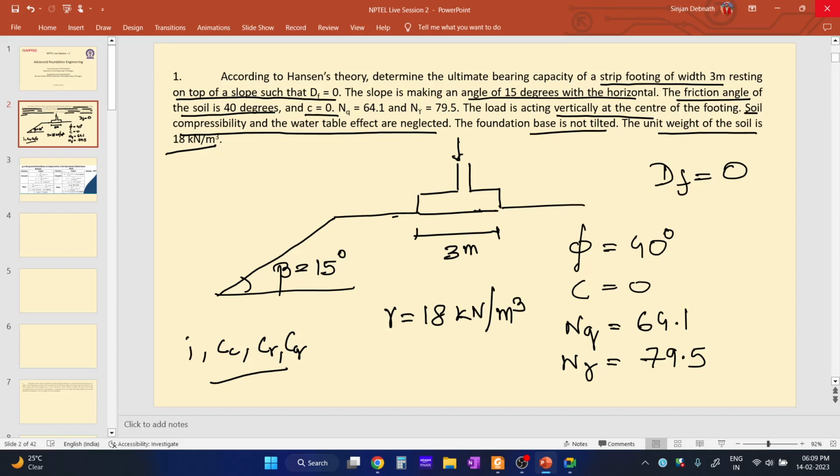The foundation base is not tilted, so the base factors Bc, Bq, B gamma are also not needed. The only correction needed here is the sloping ground factor. So let's get started.